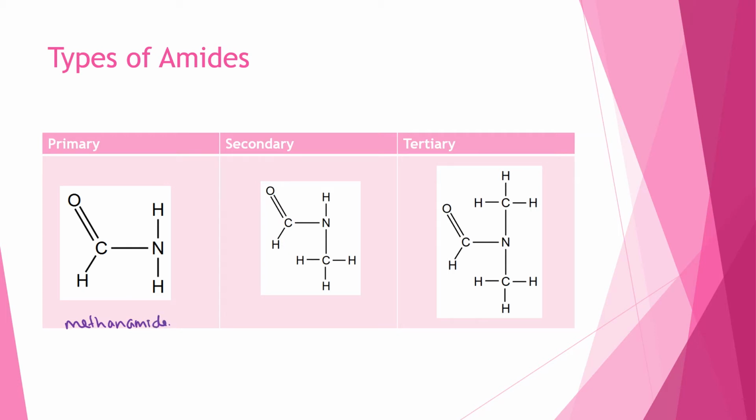So every single one of these is an example of a methanamide. Now, this has got 1 methyl group attached to the nitrogen. So that's telling us it's attached to the nitrogen, N-methylmethanamide.